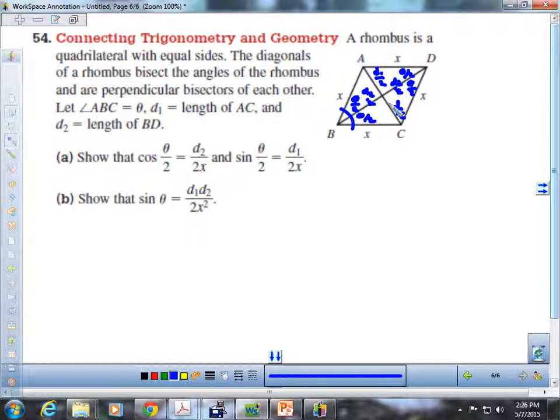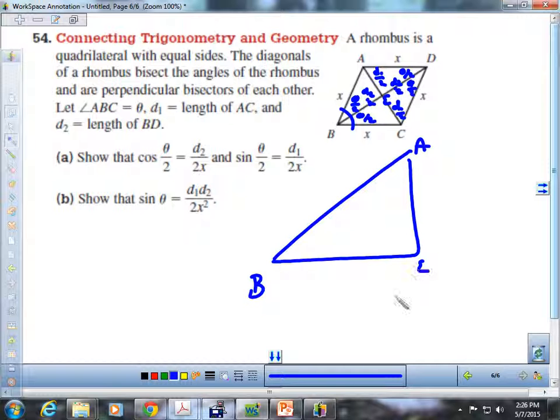Okay, now it's kind of cramped, but in just a second here we're going to take a section of it and blow it up. So that the cosine of theta divided by 2 is equal to D2 over 2x, and the sine of theta divided by 2 is that. Okay, so sine, cosine. Basic triangles, right? Let's look at, I'm going to call this one in here E. Let's look at BEA.